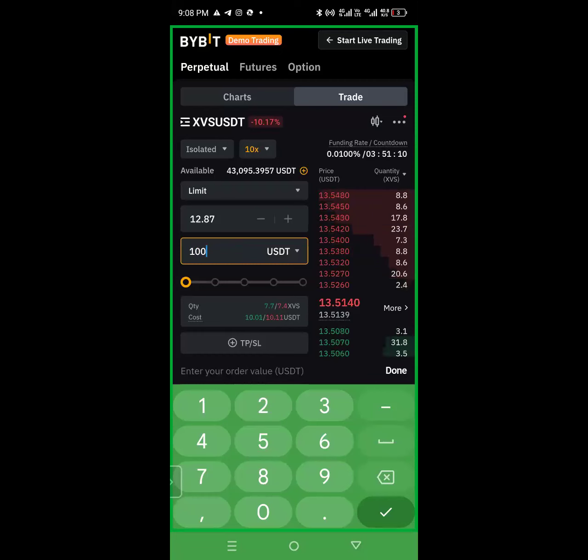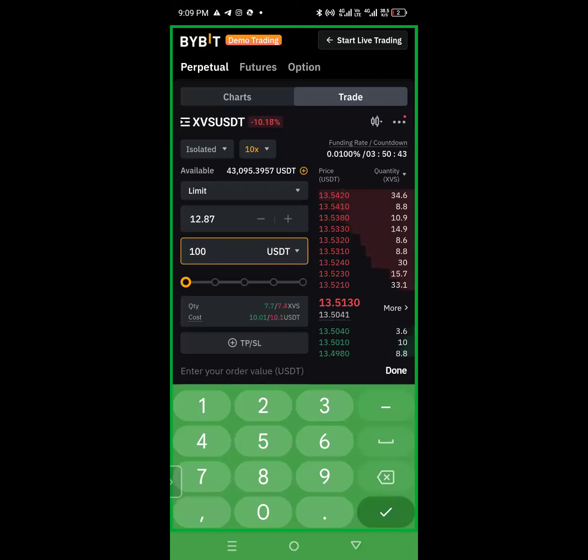Now, the next part is to go to TP and stop loss, the one with the plus sign behind TP and SL. But before then, take note of the cost here. The cost is $10, right? If you notice with BTCUSD, when it was 100, the cost was not up to 100. It was below 100.